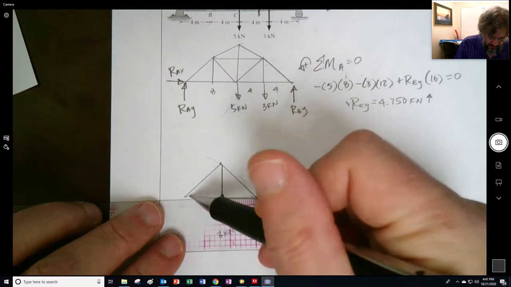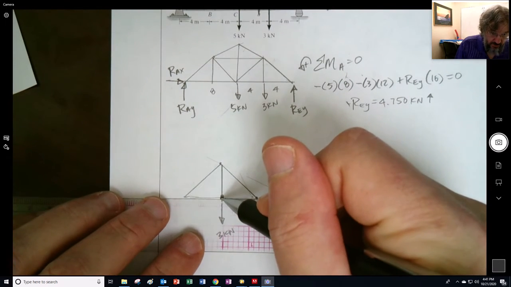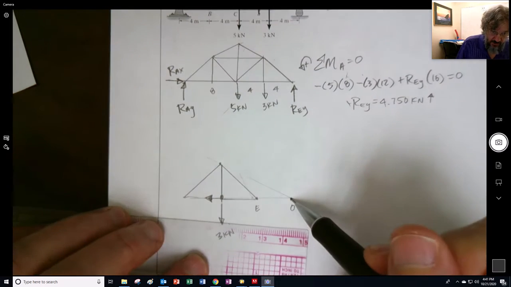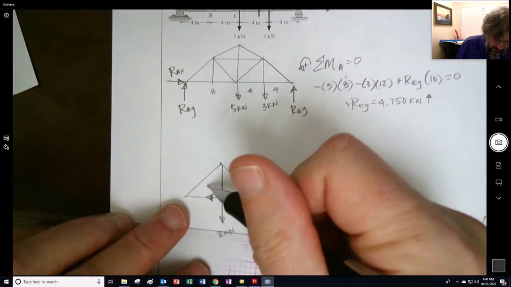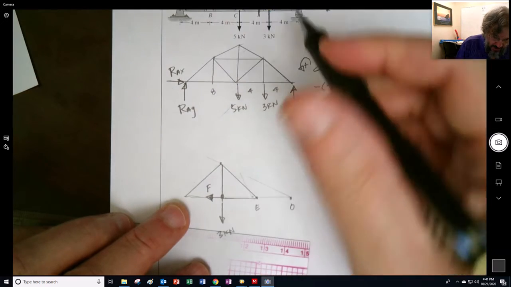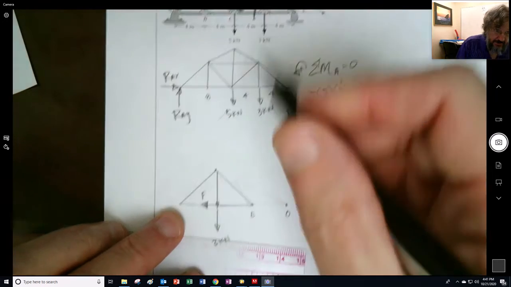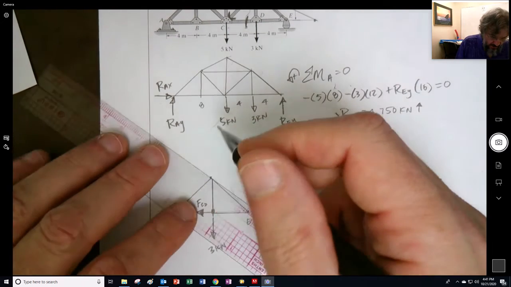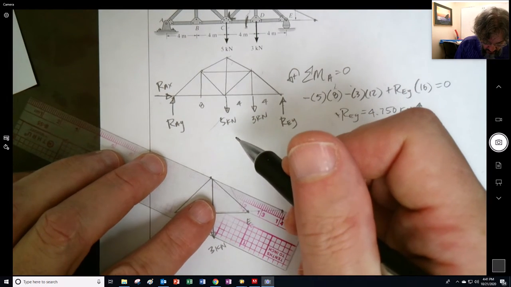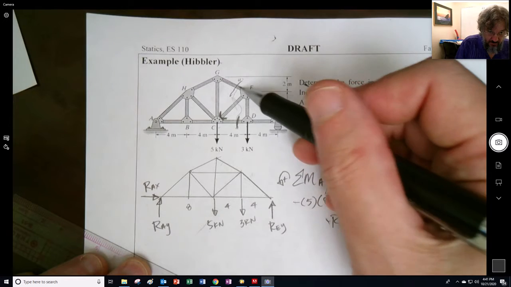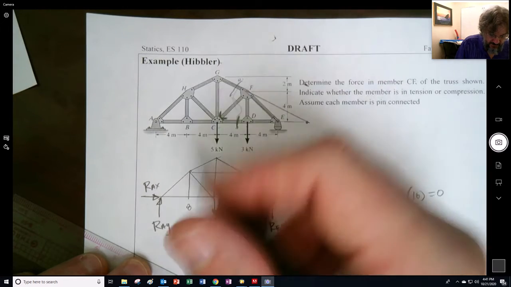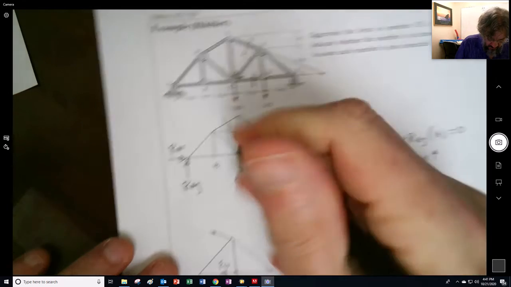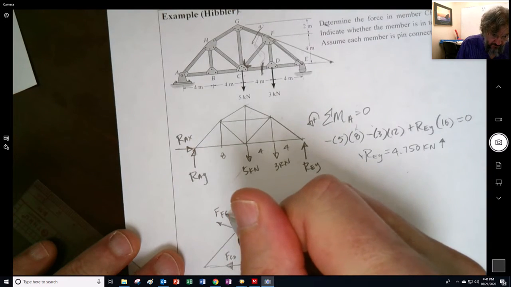Right. So this force right here, we're fortunate it's going right through O, right? And so that would be the force at CD, FCD. And we see that this right here in line is going to be FFG.